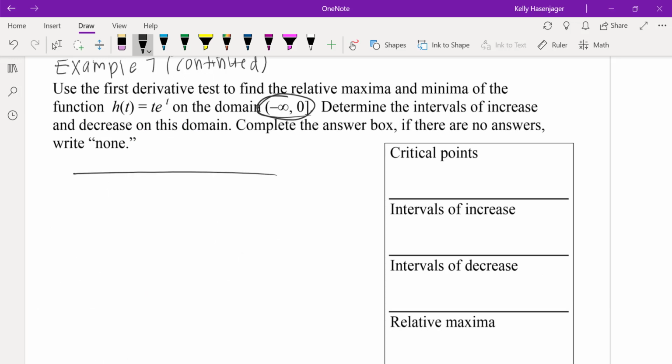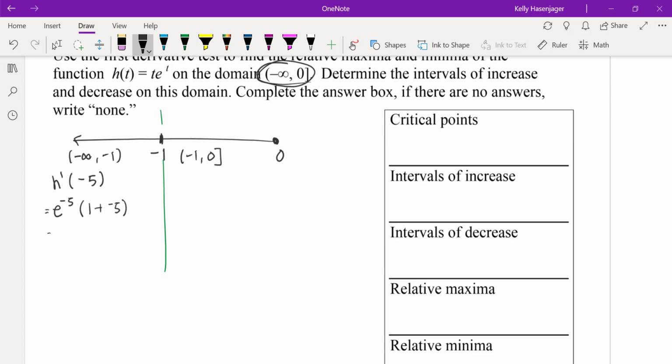We're going to graph that on our number line. So we'll have -infinity to 0, and we're going to plot our critical point -1. Now we're going to test a point in each of those intervals into the derivative, because the derivative tells us the slope, which tells us if it's increasing or decreasing.